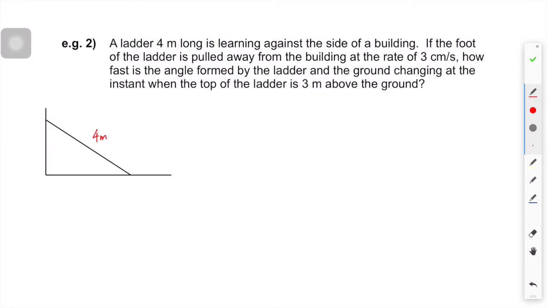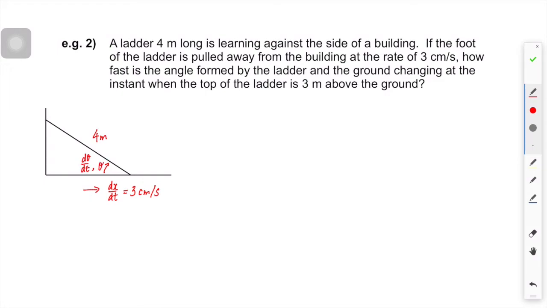The foot of the ladder is being pulled away from the building, so going to the right, and at the rate of 3 centimeters per second. So let's call this dx by dt. How fast is the angle formed by the ladder and the ground changing? So we're looking at d theta by dt if this angle is theta.